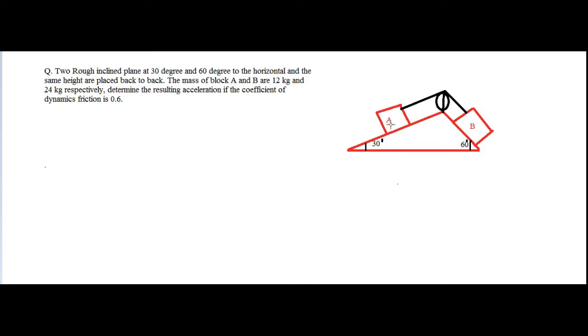Here we are given two blocks A and B with masses 12 kg and 24 kg placed on inclined planes at 30 degrees and 60 degrees respectively, and they are tied up with this string. So we are asked to determine the resulting acceleration that exists in this system.